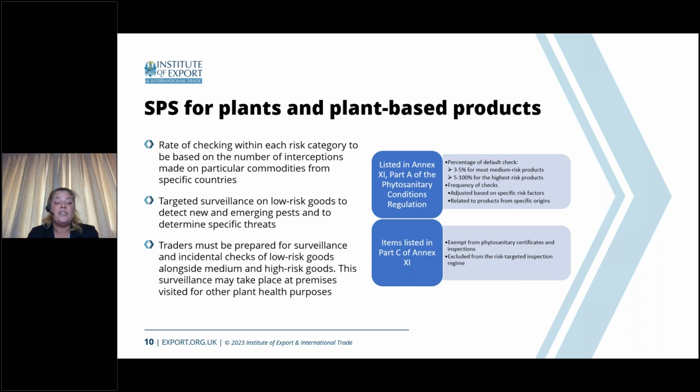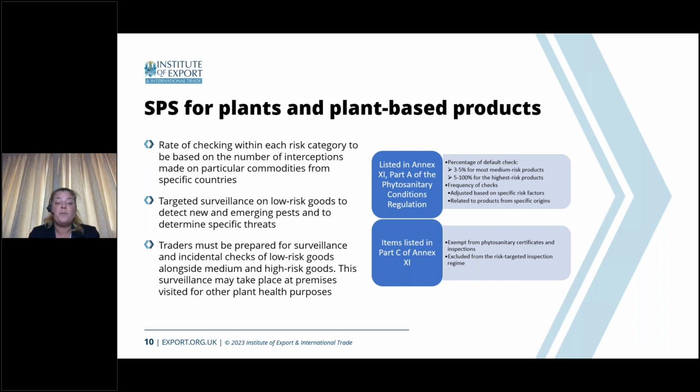One of the biggest things you need to look at is targeted surveillance on low risk goods to detect new and emerging pests. So this is an area where, even if you're bringing in low risk goods, you may be selected for inspection just from a biosecurity level so that they can retain information for future inspections.